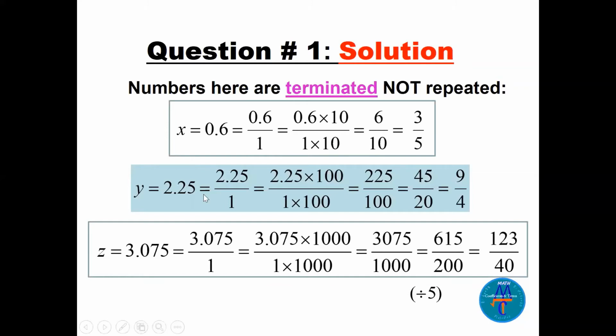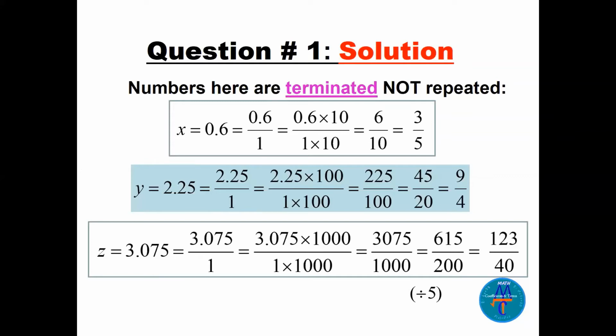Same thing we do for the second number, 2.25. Two numbers are after the decimal point. So 2.25 is the same as 2.25 divided by 1. So I multiply by 100, up and down for sure. So this is 225 over 100, then I divide by 5.